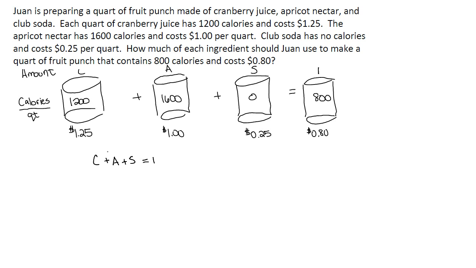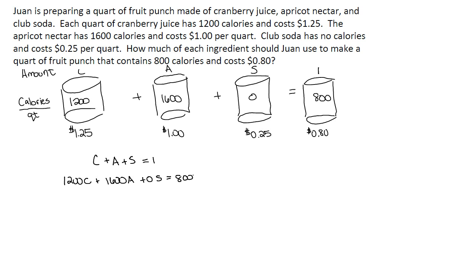And now we also have a calorie equation. That's 1,200 calories times the number of quarts of cranberry juice we're using, plus 1,600 calories times the number of quarts of apricot nectar, plus 0 calories times the number of quarts of club soda, should come out to 800 calories times the number of quarts of the mix.